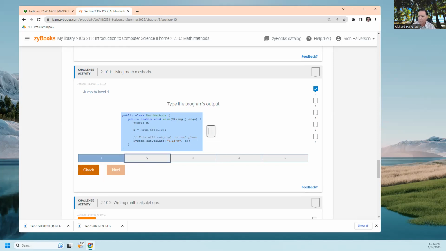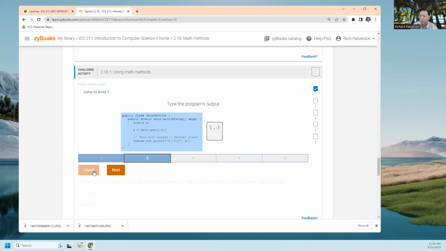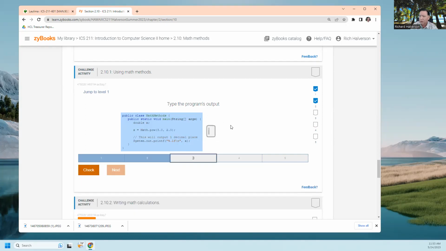All right, this one is 1.3. Enter. It's not a trick question. This one is 3 to the 2nd power, which is 3 times 3 is 9, and it's a floating point.